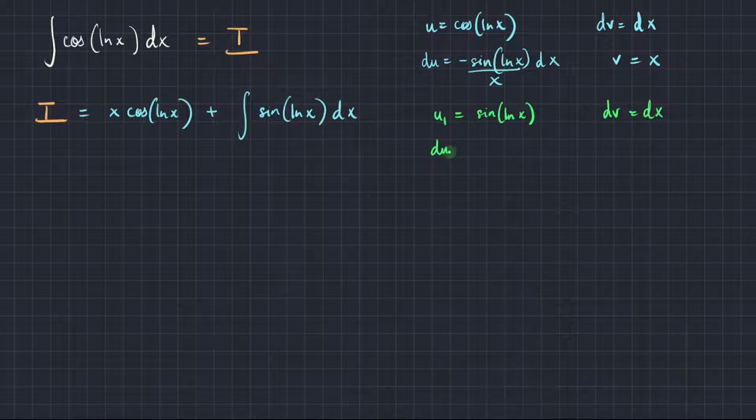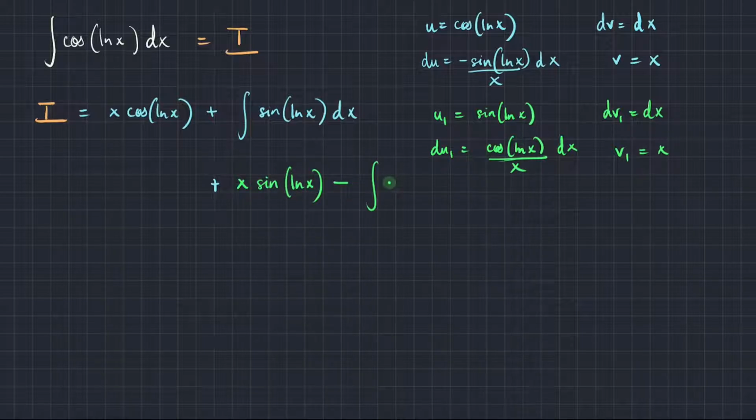Therefore du1 is cosine of ln x over x dx, and v is simply x. This should be dv1, u times v, which is x times sine ln x minus integral of cosine ln x dx. Filling this out, we have I equals x cosine of ln x plus x sine of ln x minus I.